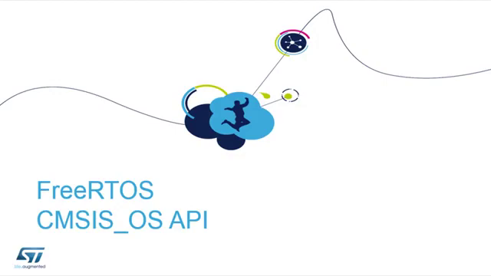So the API was adopted by a lot of vendors, like our competitors, and there are I think more than 200 companies now implementing different Cortex-M microcontrollers.